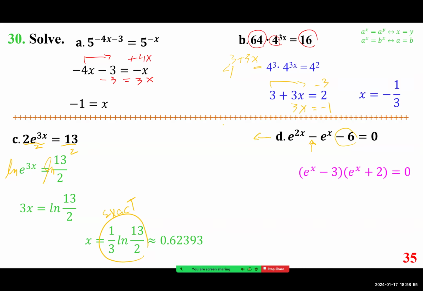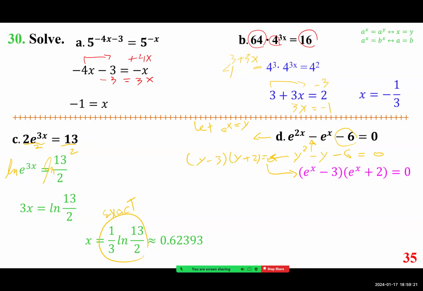However, the substitution, you let e to the power of x be anything except x. Let's say y. Now you have y squared minus y minus 6 equal to 0. And you're going to go with y minus 3 times y plus 2 equals 0. And then you go. It's up to you. It depends how easy you find it.